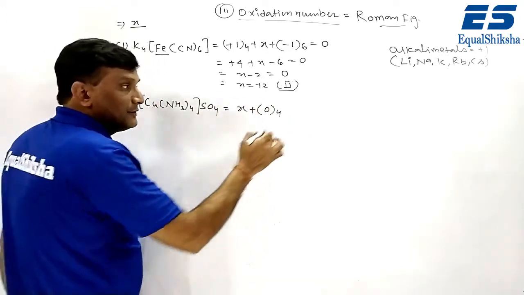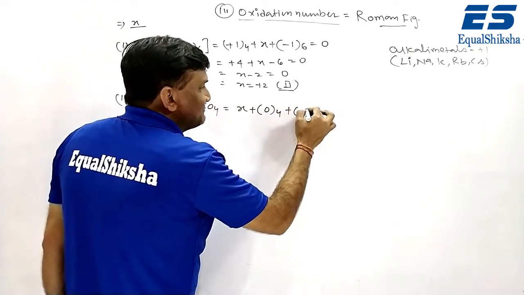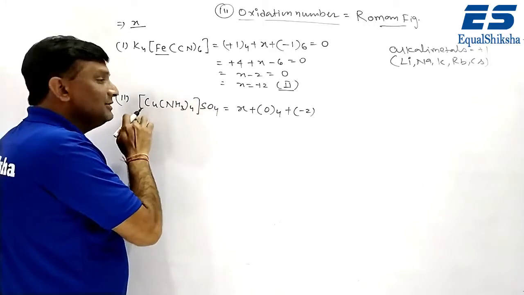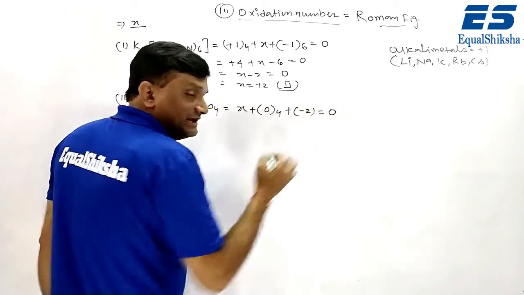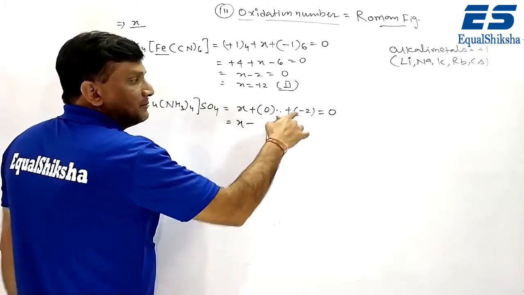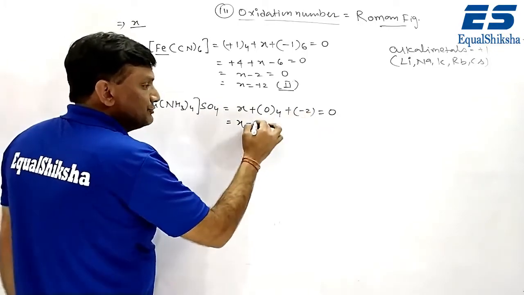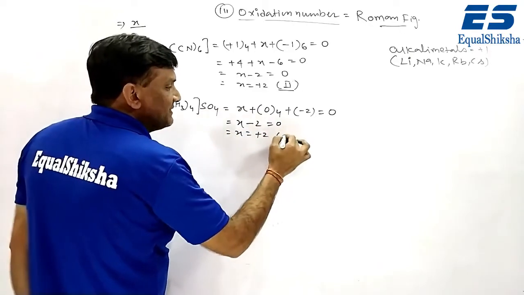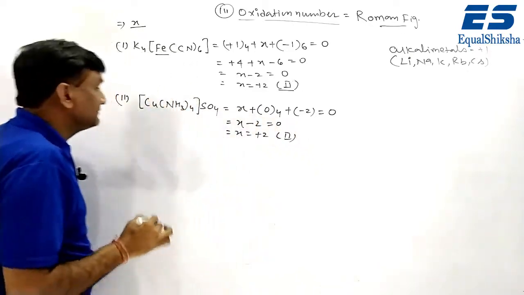Here is SO4, which carries -2 charge. There is no charge on the whole compound, so it is 0. This will be X minus 2 equals 0, so X is +2. This will be written as II.